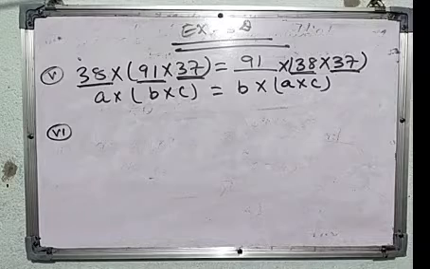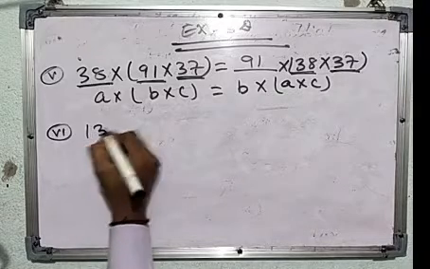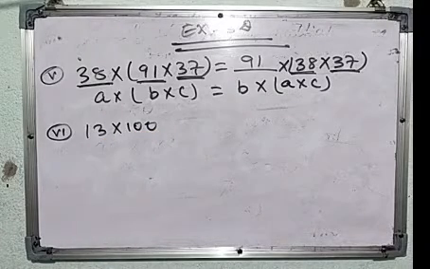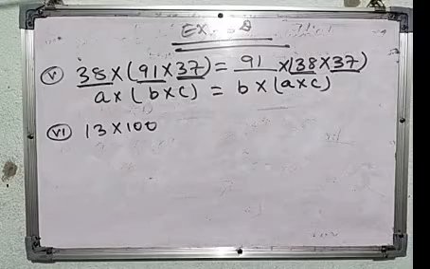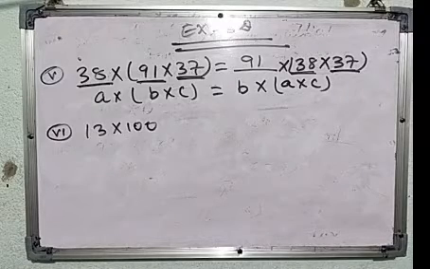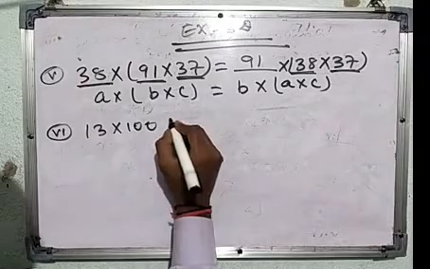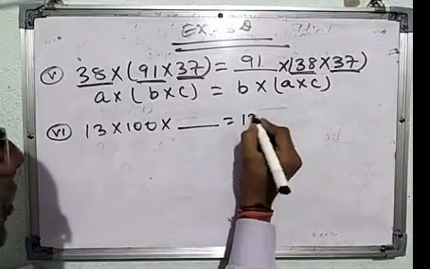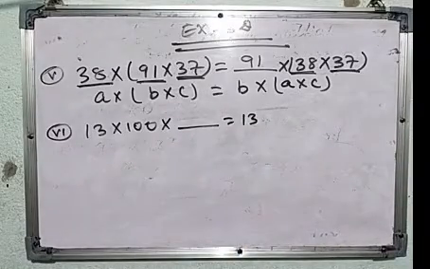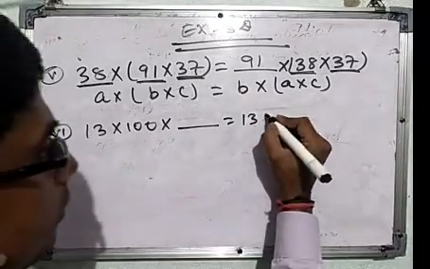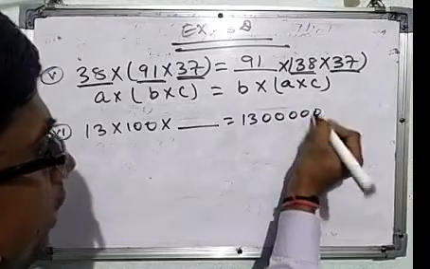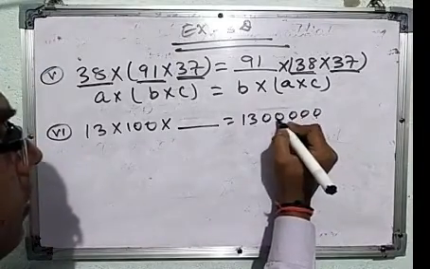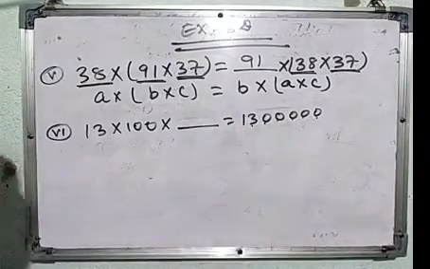Your question 6, 13 into 100 into blank equal to 13 lakh 50 1 2 3 4 5.